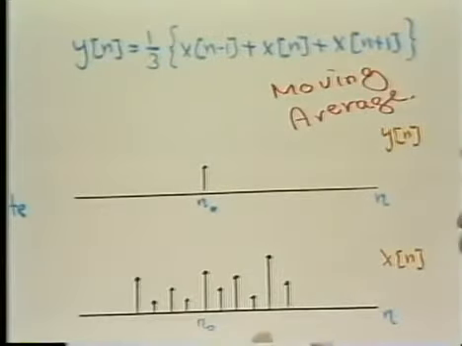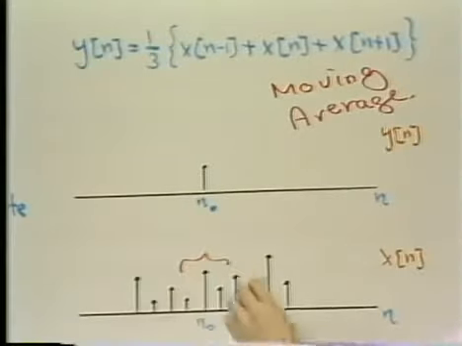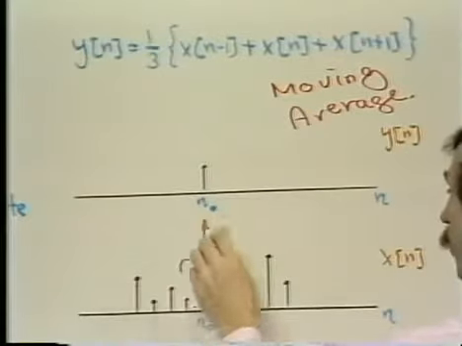And so to form that moving average, we would take these three values and combine them together, adding them and then dividing by 3 to get that.